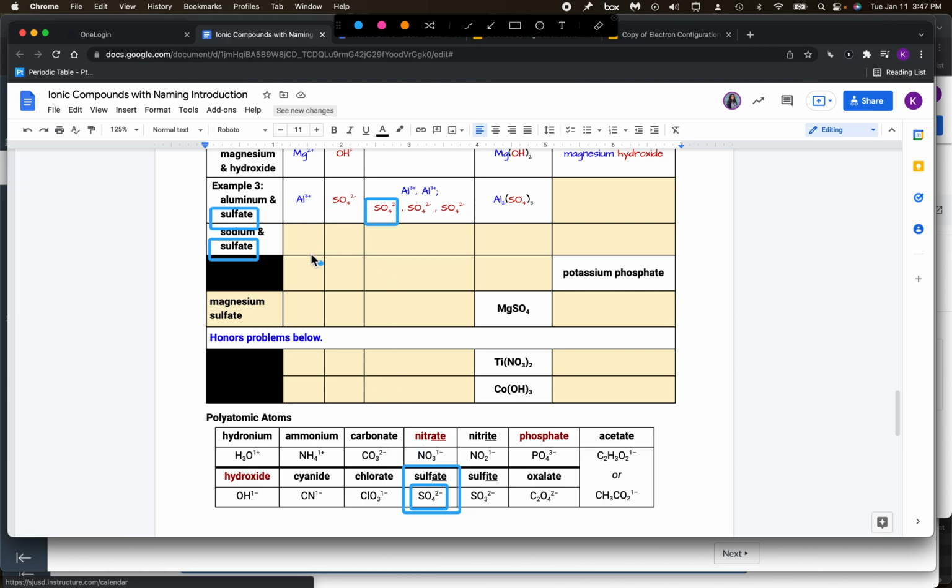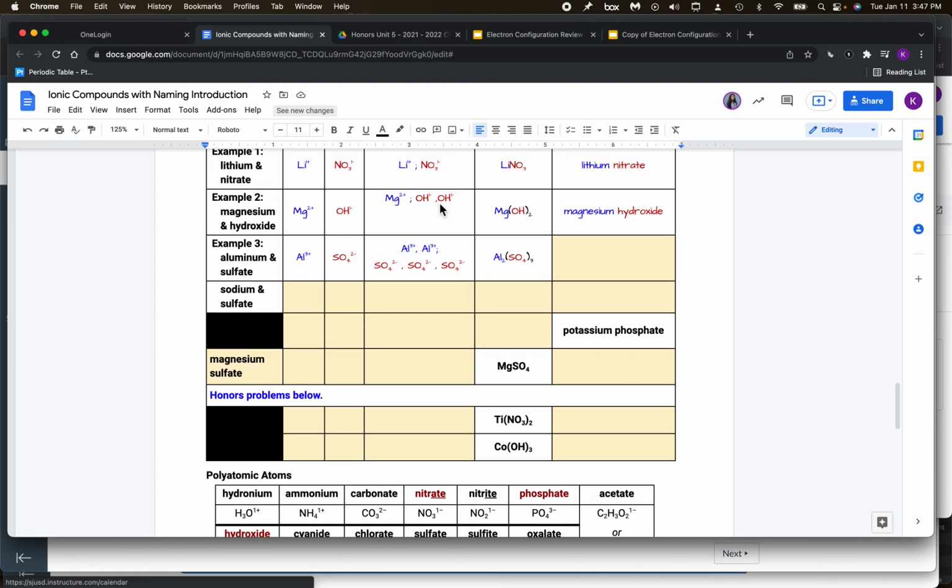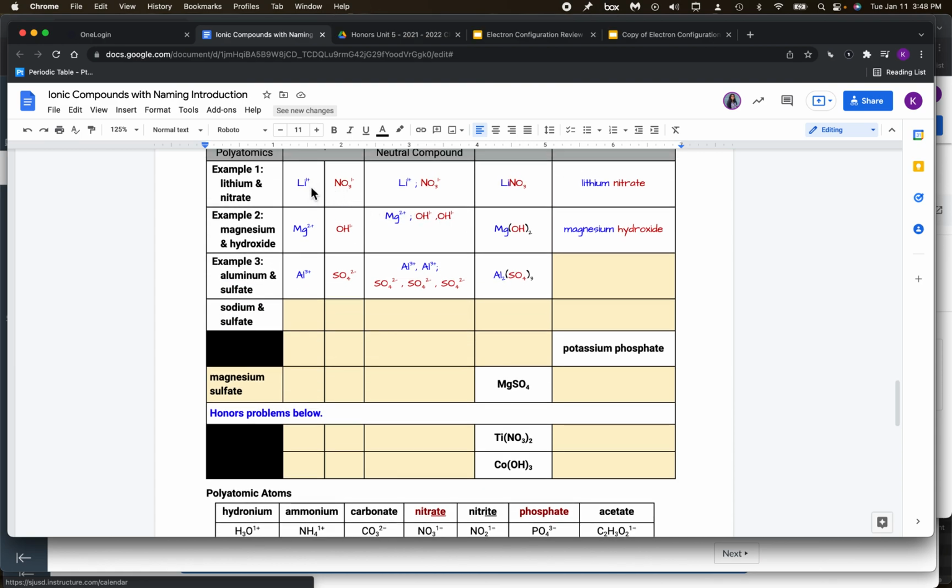What you need to do is read what this polyatomic ion is, and then use it just like it's a regular ion. So if we look at the examples, there's a 1 plus and a 1 minus. So I write 1 plus and 1 minus. So I have balanced the charge, and so I just write it out.